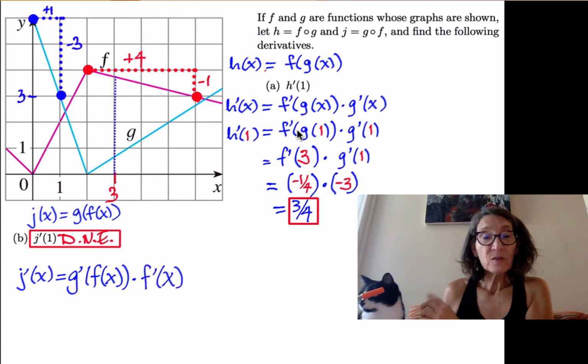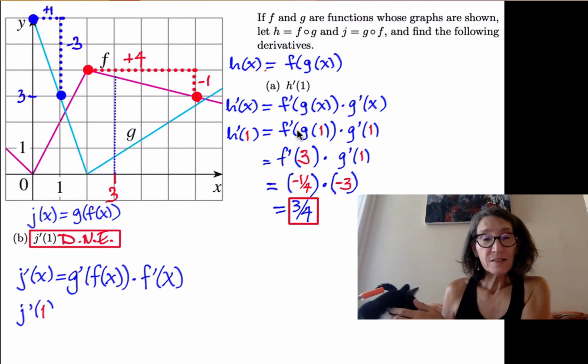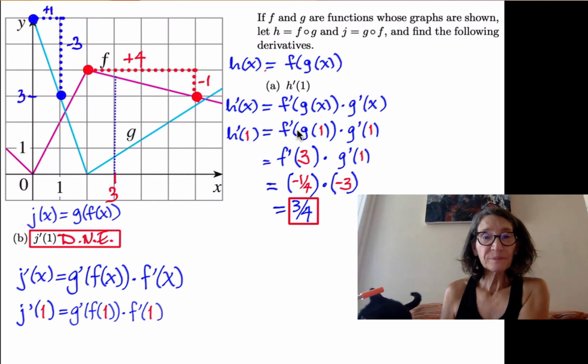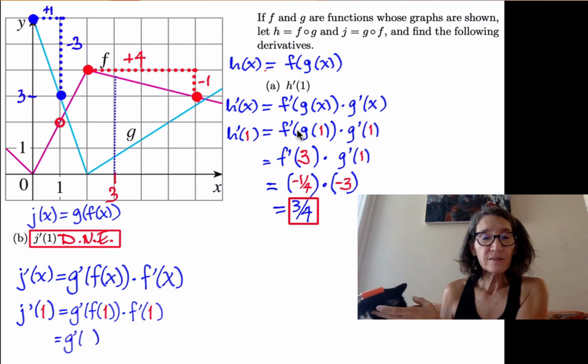Now J prime of 1 is G prime of F of 1 times F prime of 1. Let's look for F of 1. We're looking at the pink graph. F of 1 is 2.